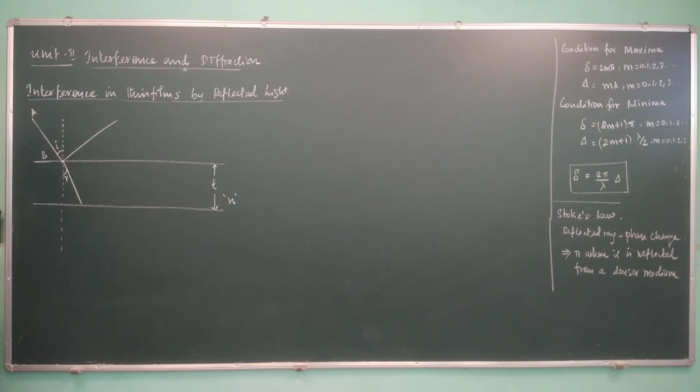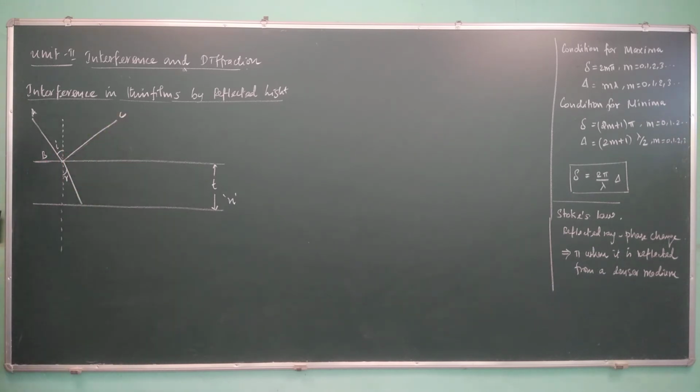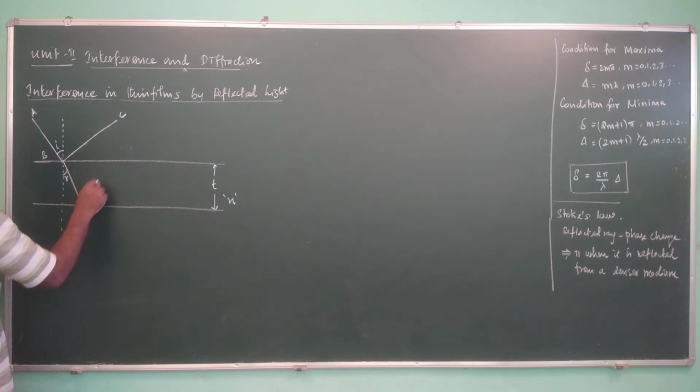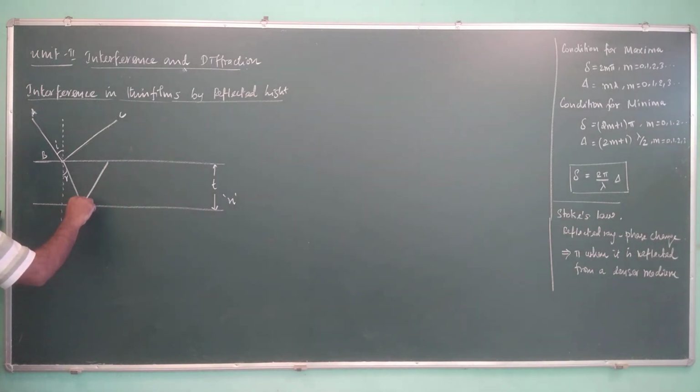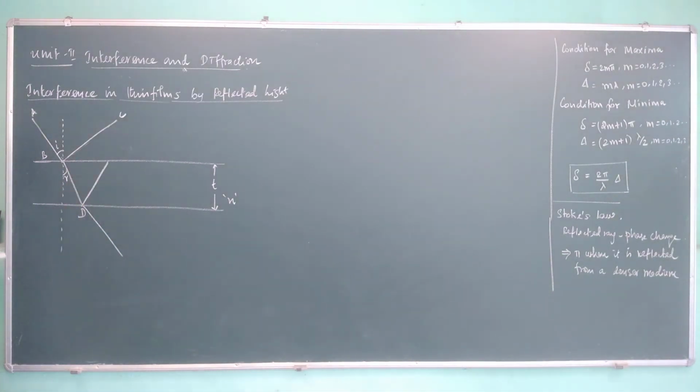Fine. Now this reflected ray travels towards C. This refracted ray travels in this direction and touches the bottom. Here the reflection occurs at the top surface of the thin film, and the refracted ray touches the bottom at the point D. Here it undergoes a reflection and a refraction.